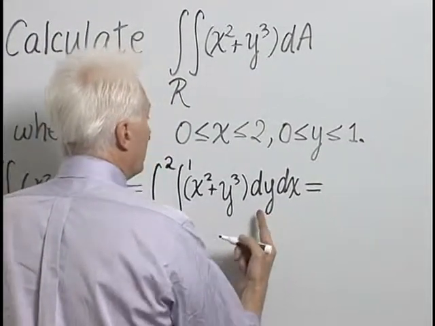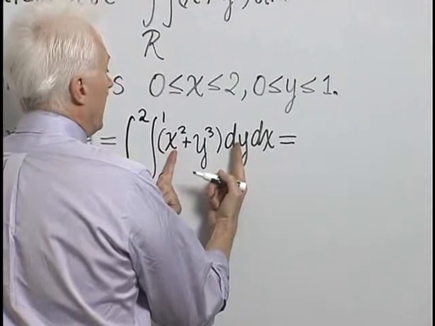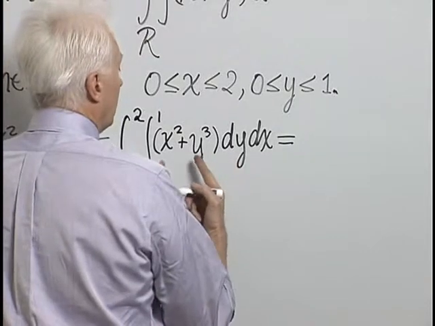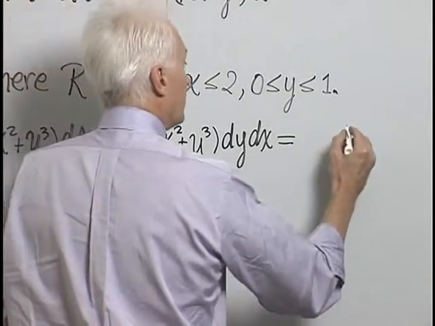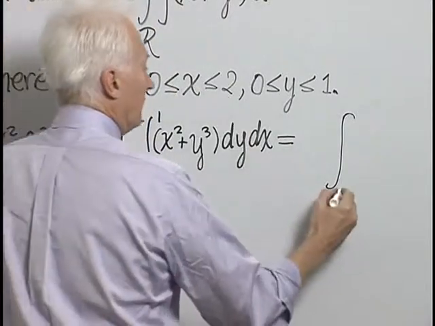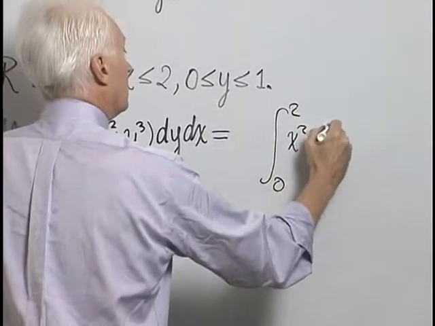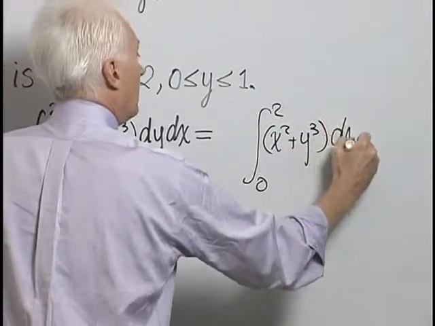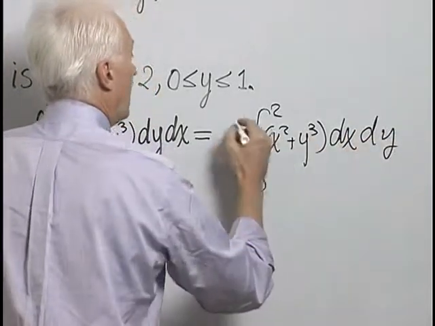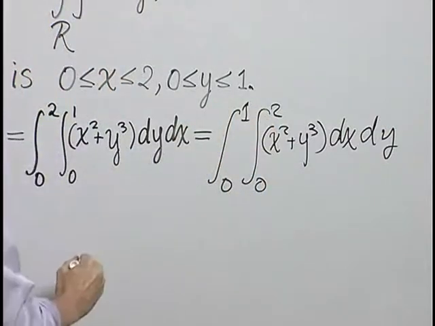So now, instead of integrating against y for given x and then integrating the result against x, let's integrate against x first. That will be the inner integral, and so our range of x values is 0 to 2. And then that result will be integrated against y over the range of y values, which goes from 0 to 1.